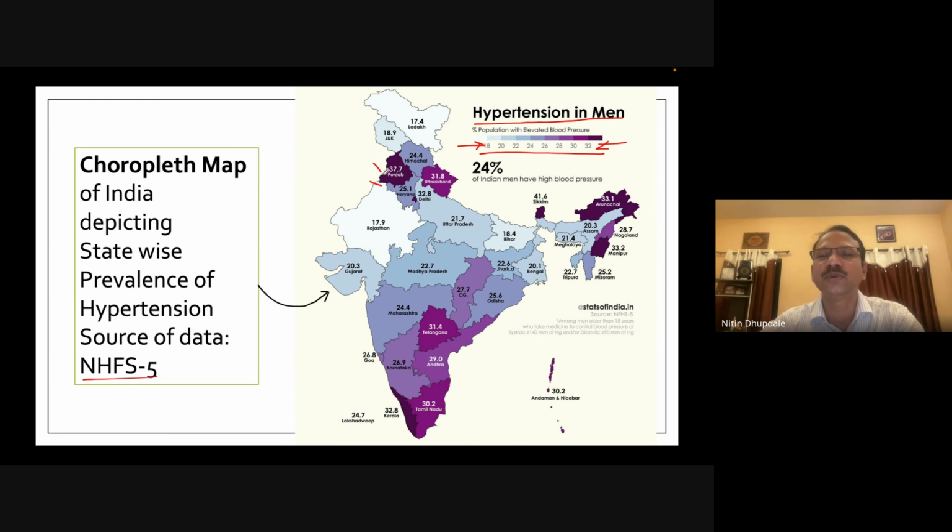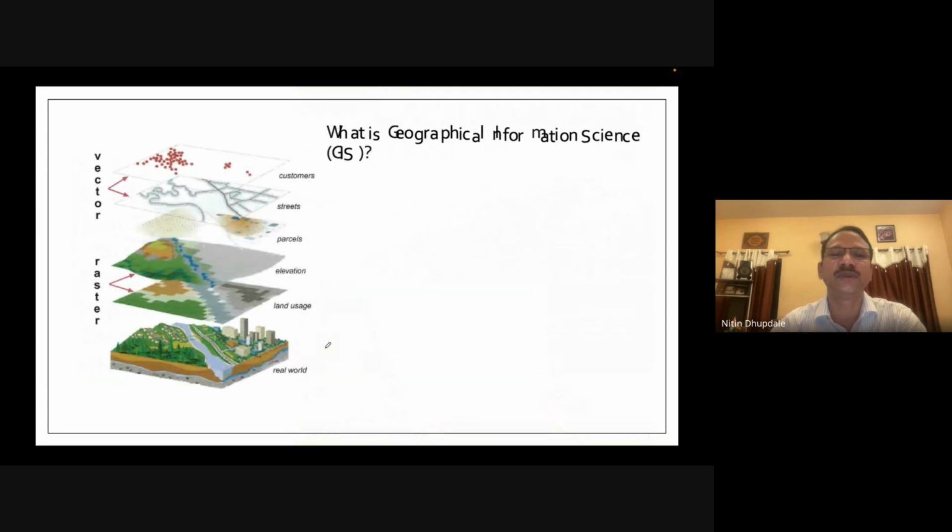So you can easily see Punjab is first, then Arunachal Pradesh, Kerala, Manipur, Sikkim. So these are the dark places. You can easily come to know where the hypertensives are located. This is one of the important functions of spatial epidemiology.